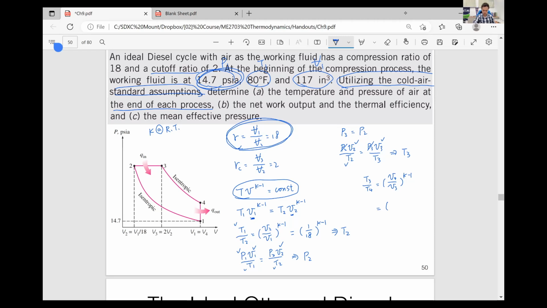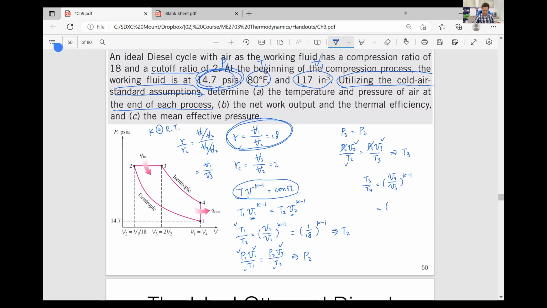So if you divide r by rc, you would have V1 over V2 divided by V3 over V2, so that would be V1 over V3.